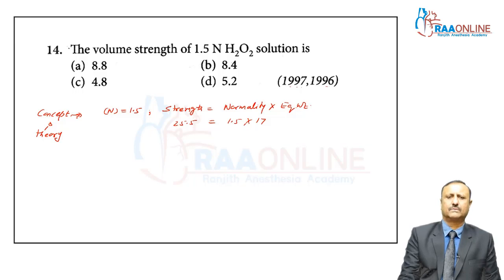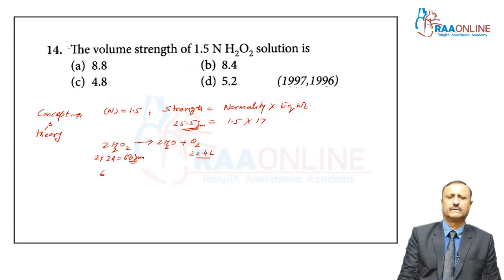Now, we can see the reaction, 2H2O2 gives 2H2O plus O2, 1 mole of O2. So, you get 22.4 liter as per Avogadro's number. Here 2 into H2O2, the molecular weight of H2O2 is 34. So, 68 gram of H2O2 gives 22.4 liter. So, my dear students, here we take 25.5.